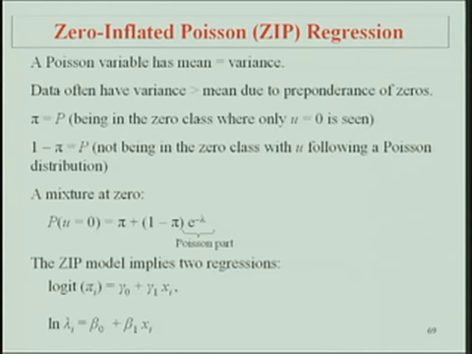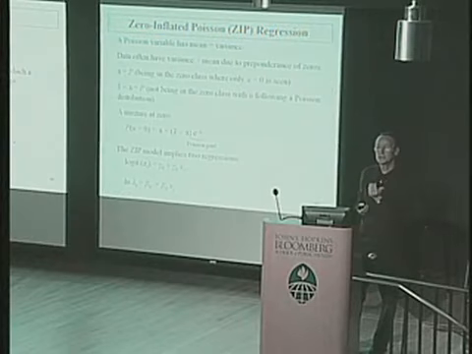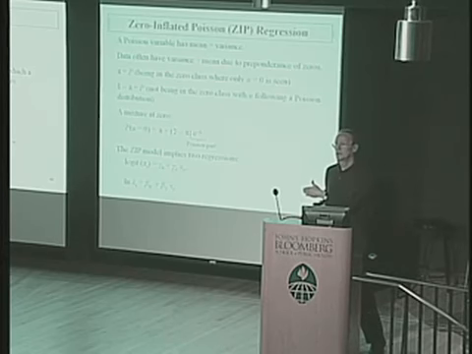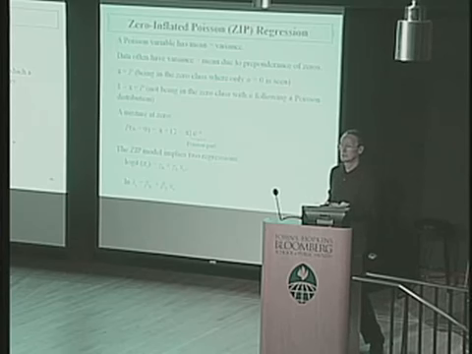So the key point here is that we have a mixture at 0. What does that mean? It means that if you observe u equals 0, you don't know why u is equal to 0 offhand. U equals 0 could be a person who's a non-drinker. U equals 0 can be a drinker who just happened to not binge drink in the last 30 days.